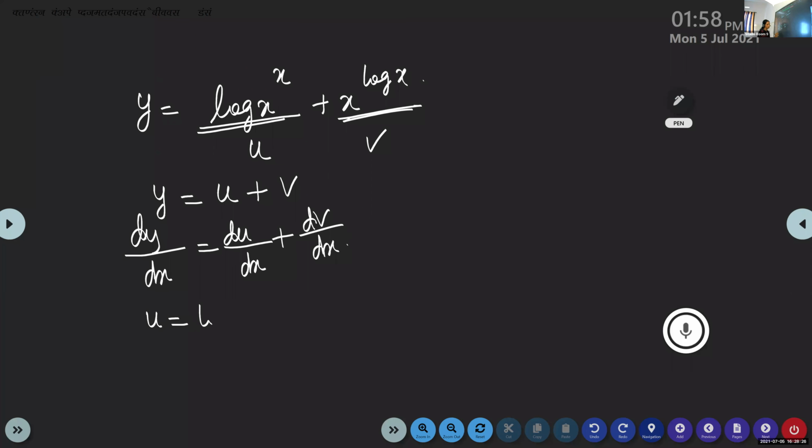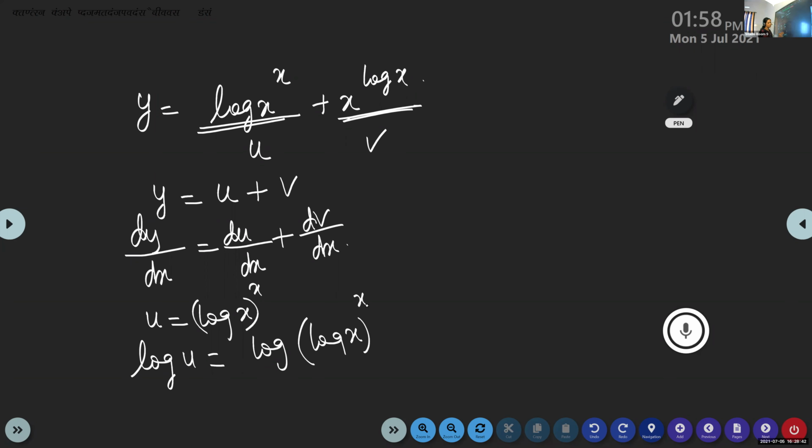What is u? Log x raised to x, isn't it? The exponent has x, the exponent is a function. So whenever the exponent is a function, we take log. So log u is equal to log of log x raised to x.